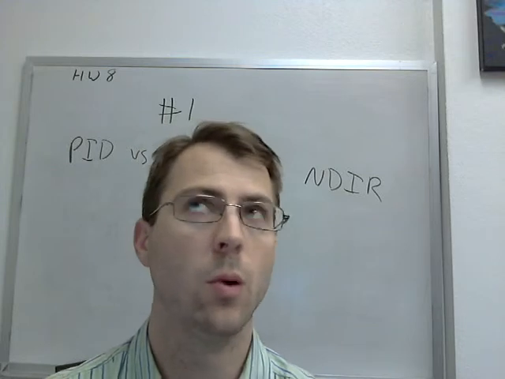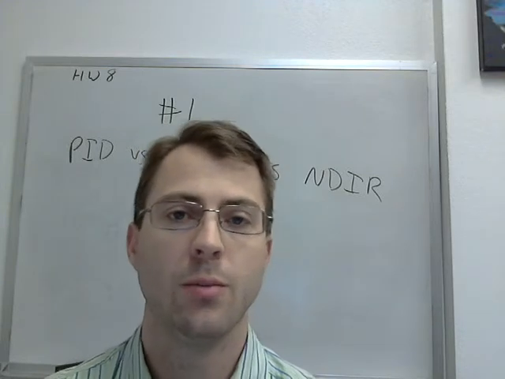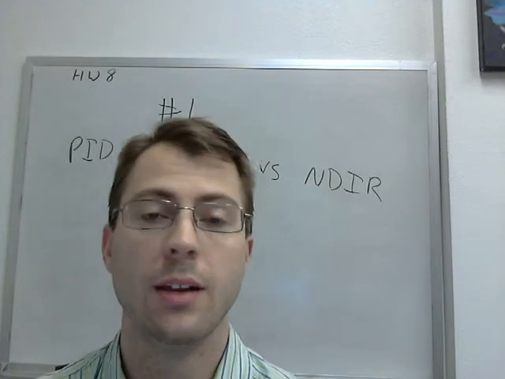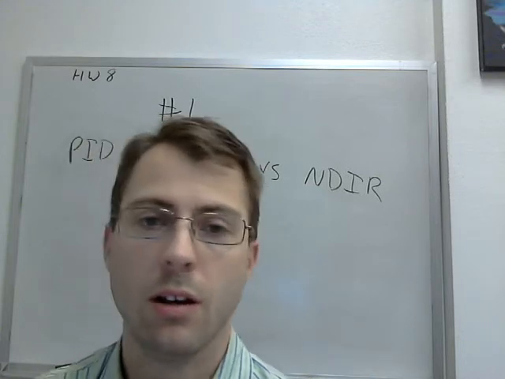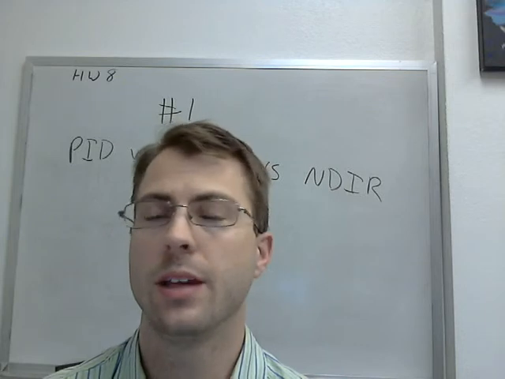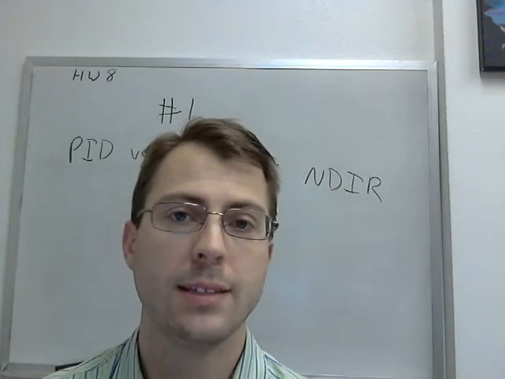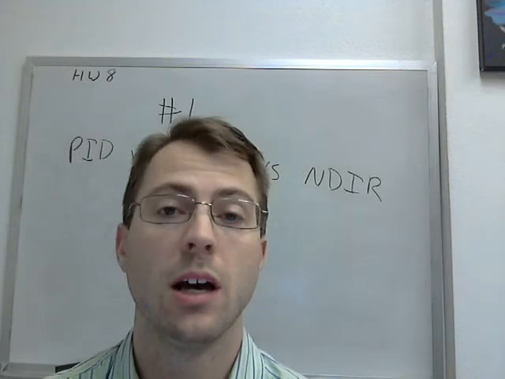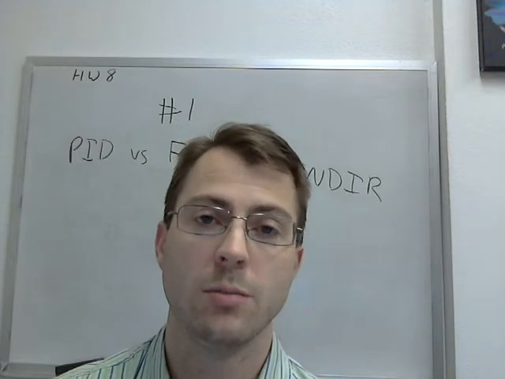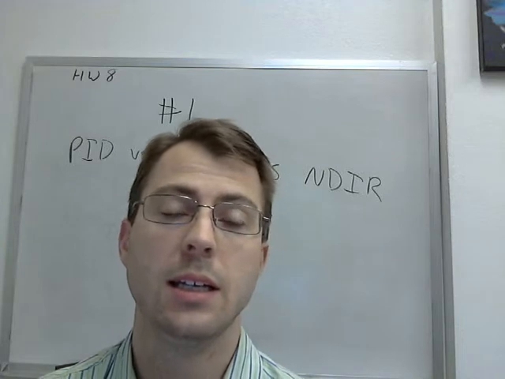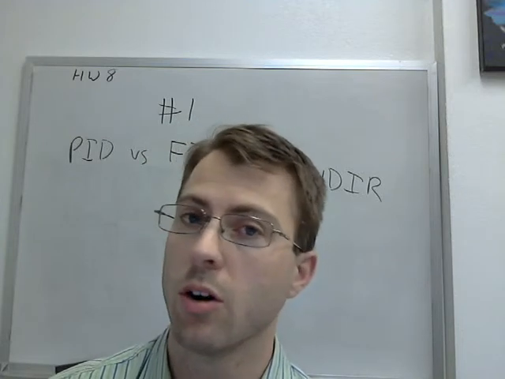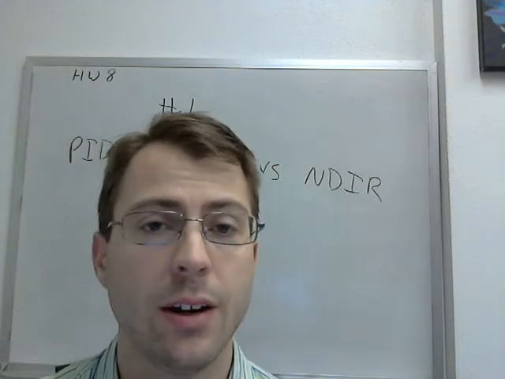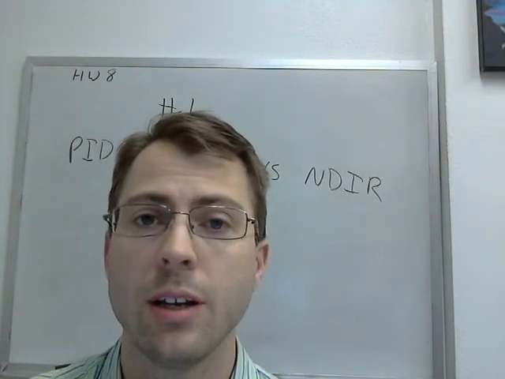So if you had 1 mole of methane run through an FID, you might get a response of 1, and if you had 2 moles of benzene or hexane run through that same FID, you wouldn't necessarily get 6 times the response, but you would get a larger response because there's 6 carbons in hexane and there's only 1 carbon in methane.